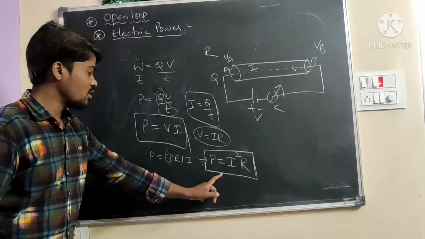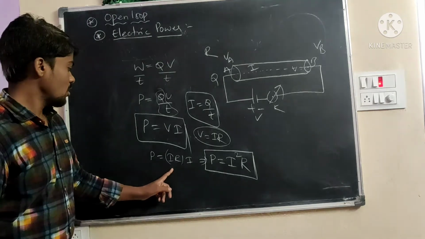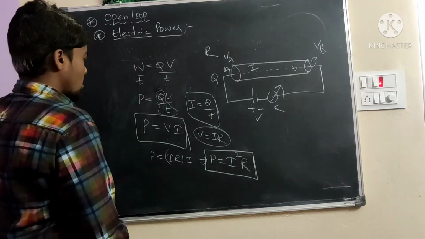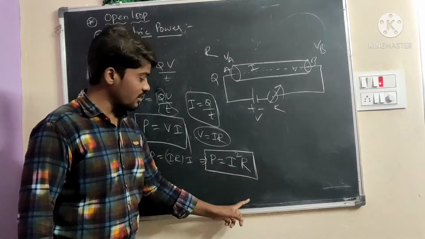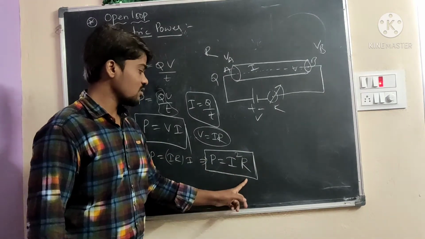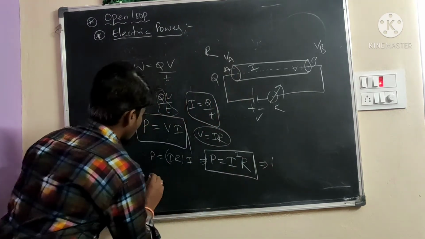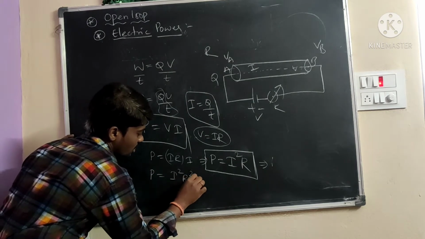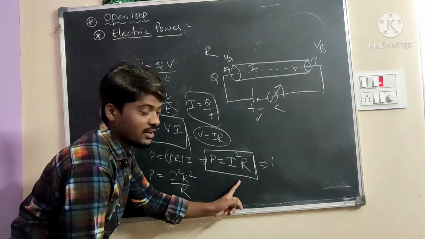Next, we take I square R, multiplying and dividing by R. P is equal to I square R square by R. In this equation R is multiplied and divided.